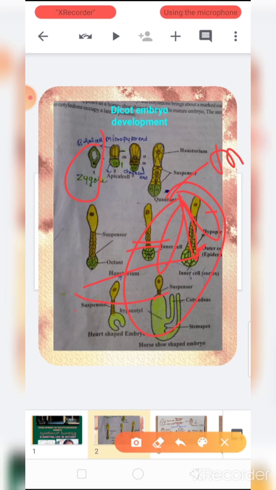When the pollen tube enters the embryo sac, it releases two male gametes into the embryo sac. One male gamete fuses with the egg cell and forms the diploid zygote.